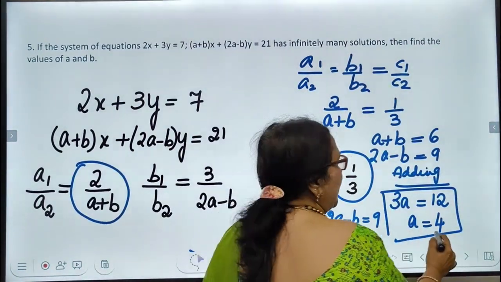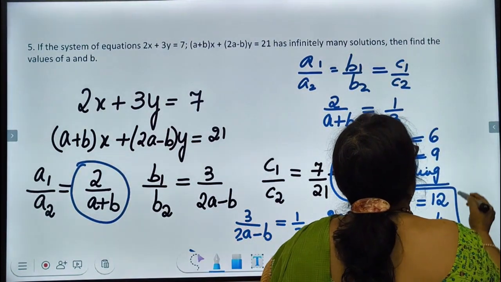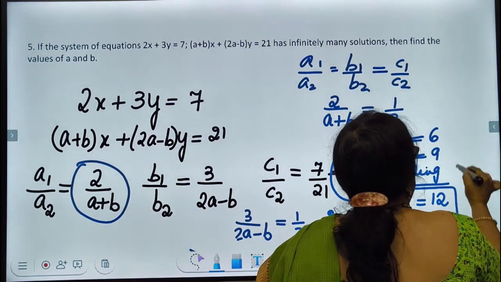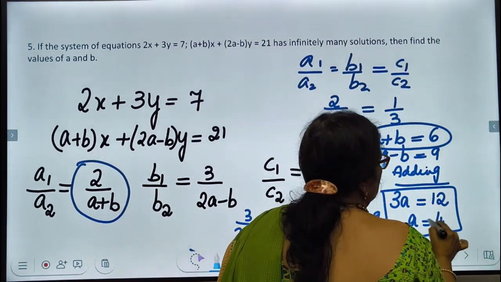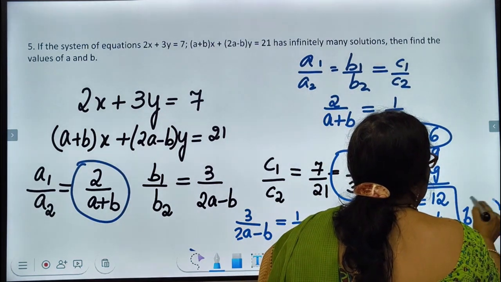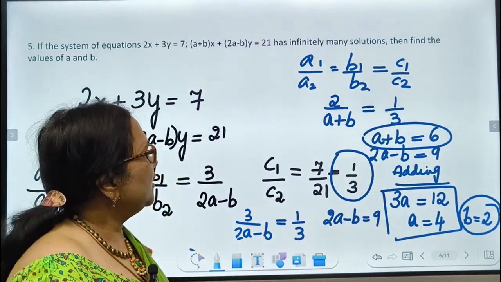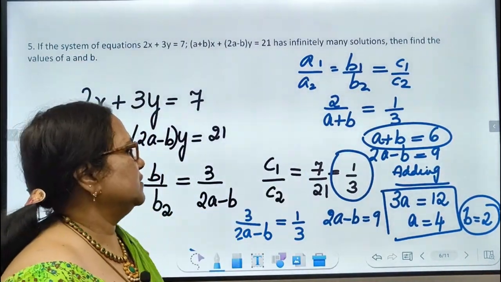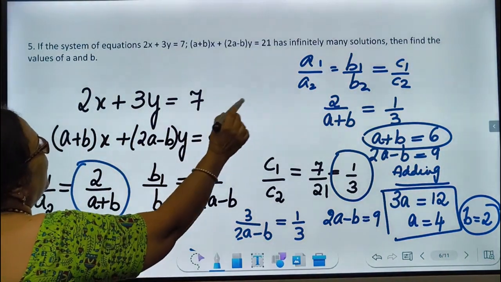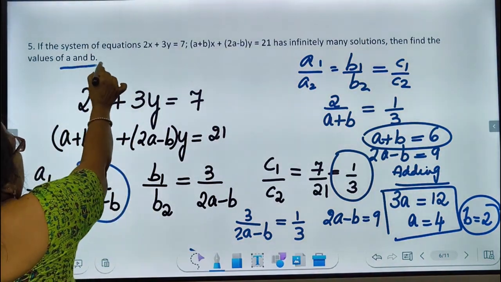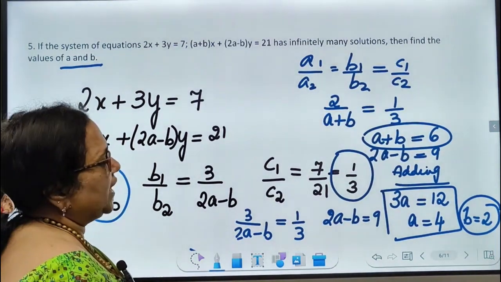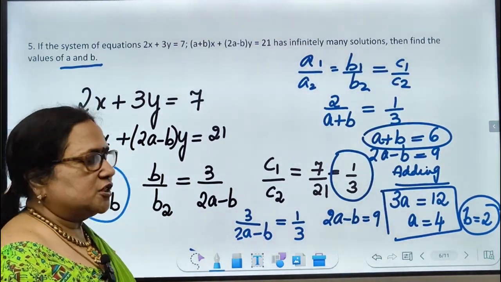If a equal to 4, what is b? a plus b is 6. So if a is 4, b is 2. Is it clear? 4 plus 2 is 6. So we have found the values of a and b so that the system of equations has infinitely many solutions.